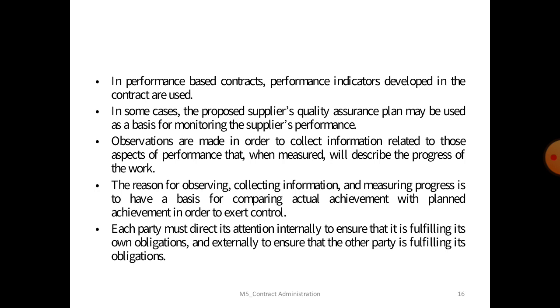So the reason for observing, collecting the information and measuring progress is to have the basis of comparing actual achievement with planned achievement in order to exert control. Each party may direct its attention internally to ensure that it's fulfilling its own obligation, and externally to ensure that the other party is fulfilling its obligation or not.